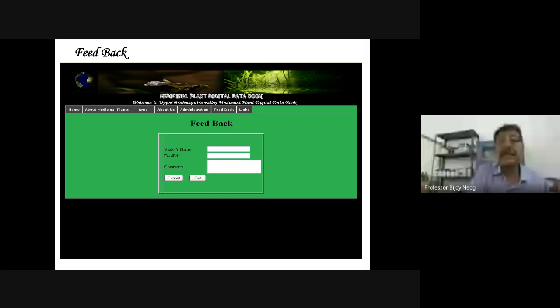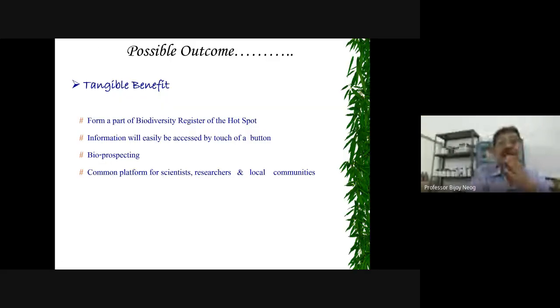My question is about benefits. As you know, as per the National Biodiversity Authority, the people's biodiversity register is very important, and every state has a people's biodiversity register.